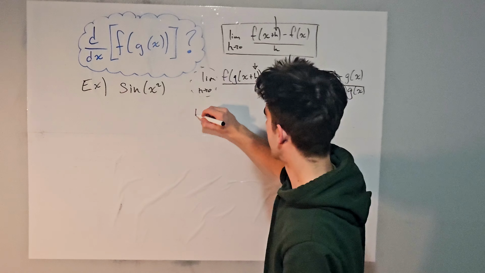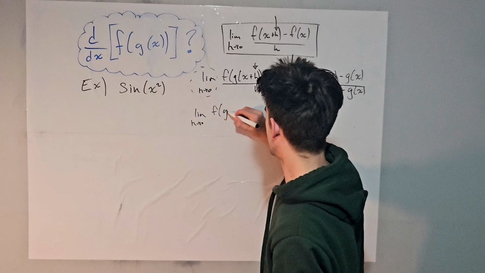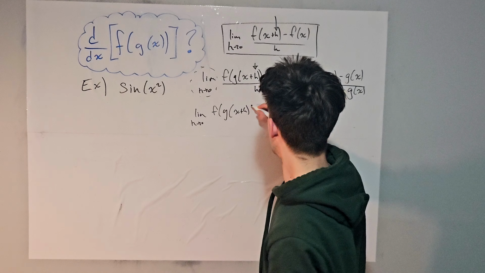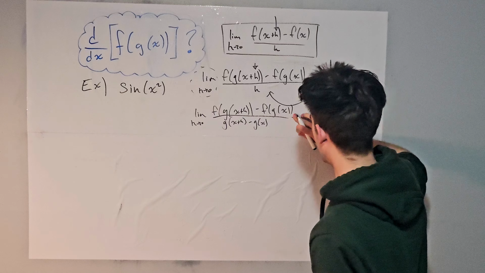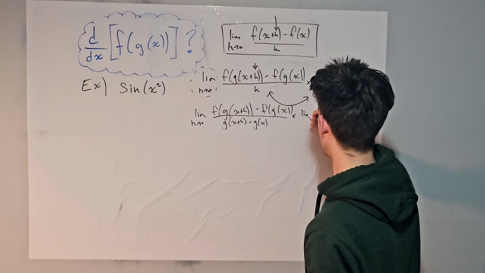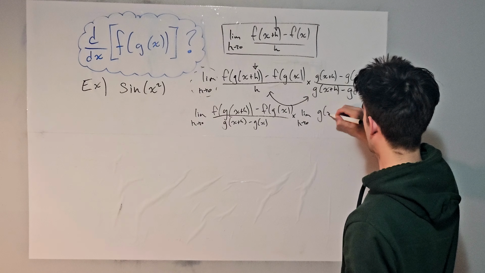So the limit as h approaches 0 of f of g of x plus h minus f of g of x over g of x plus h minus g of x, times the limit as h approaches 0 of g of x plus h minus g of x over h.